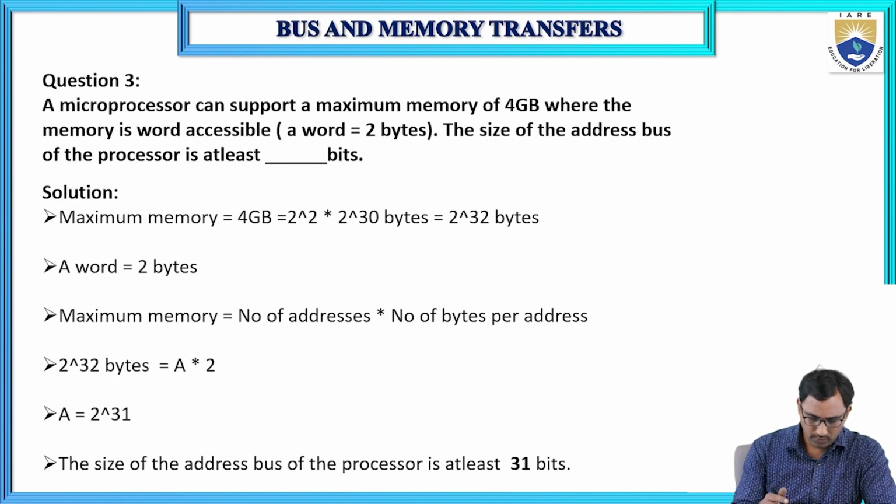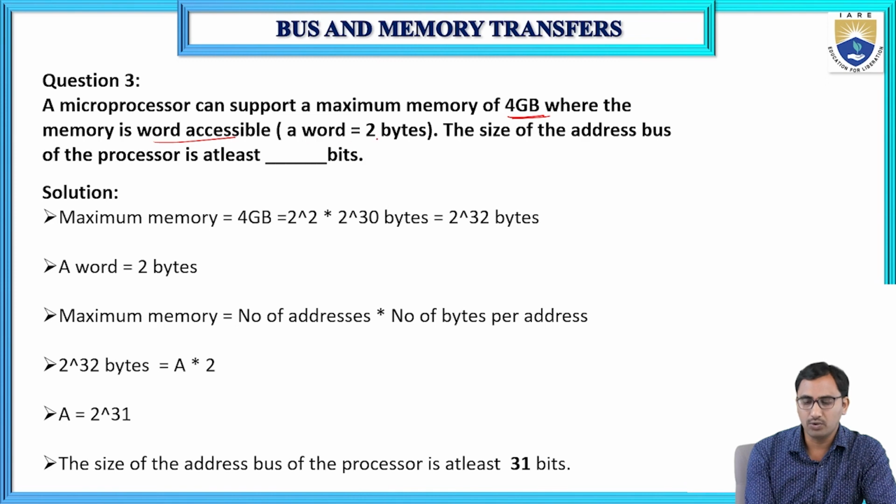Okay. So in this way, we can calculate the address range in hexadecimal. Next problem: a microprocessor can support a maximum memory of 4 GB, where the memory is word accessible. So that means the microprocessor can support a maximum of 4 gigabytes, but the memory is word accessible.